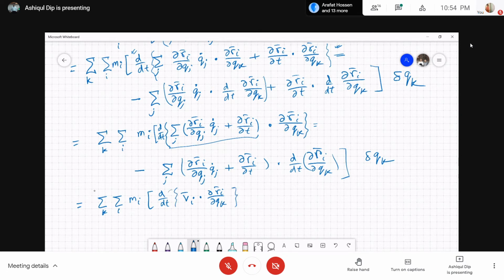This is one part. Minus, then if we do the same thing, this is again the velocity, v_i dot d/dt of ∂r_i/∂q_k, and then we have the variation δq_k.